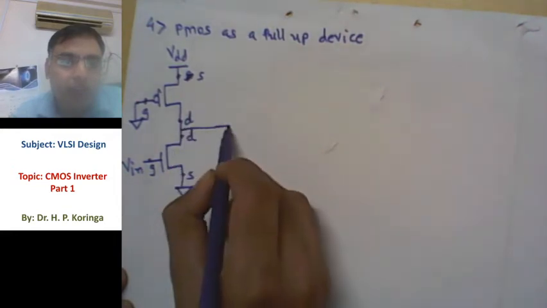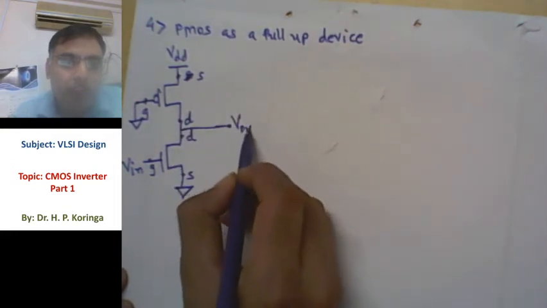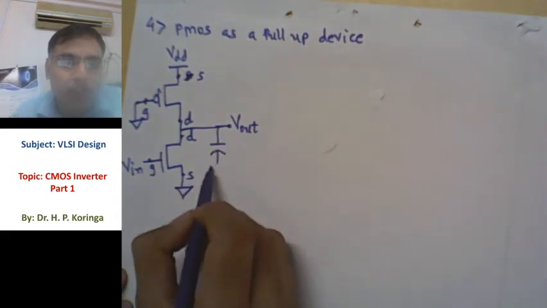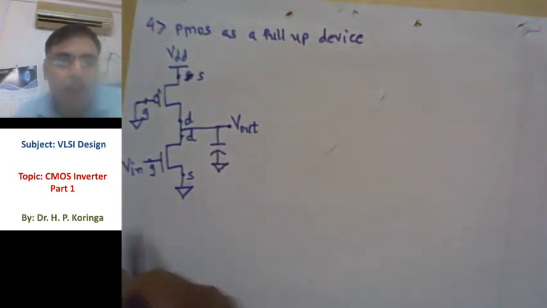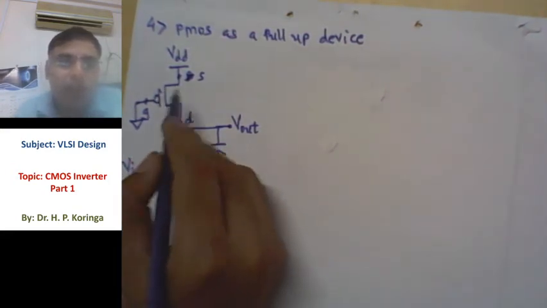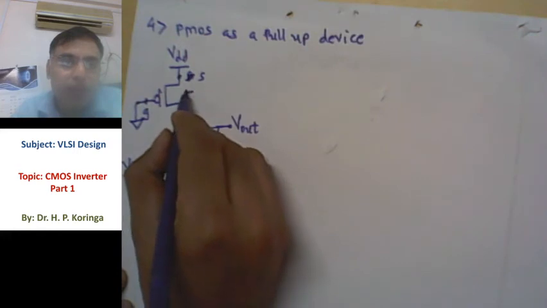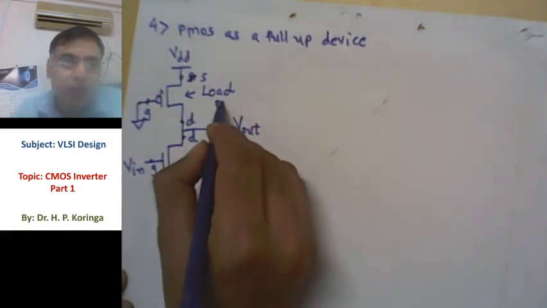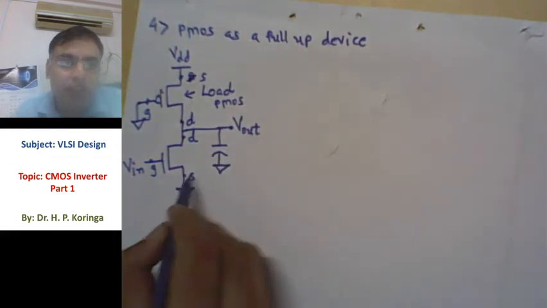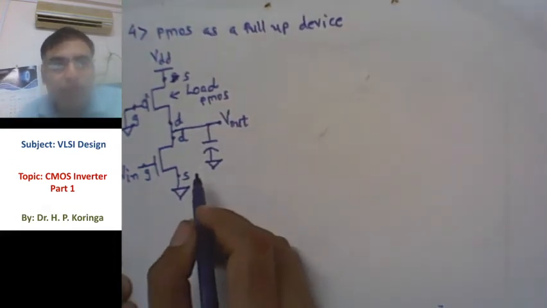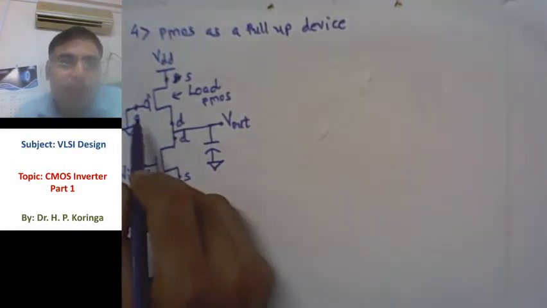Whenever we draw the three terminal symbol, the source and bulk are the same. So here the P MOSFET works as a load. Our load is a PMOS, and the driver is an NMOS enhancement, right? So the gate terminal of the P MOSFET is connected to ground.